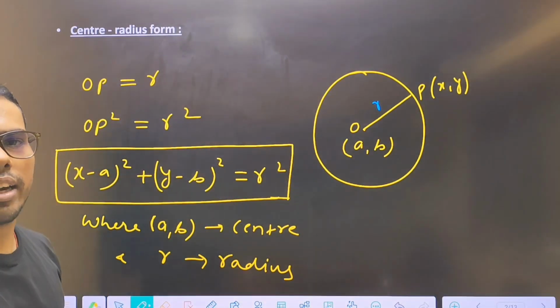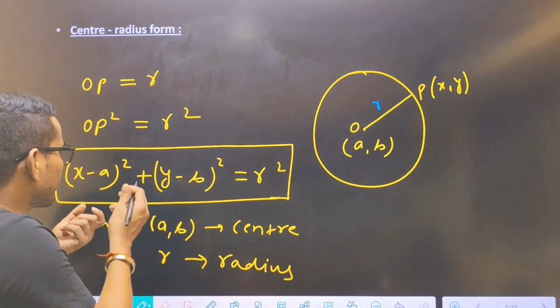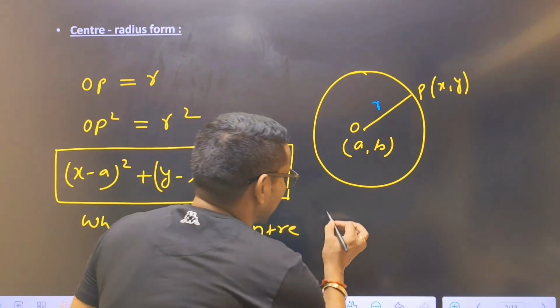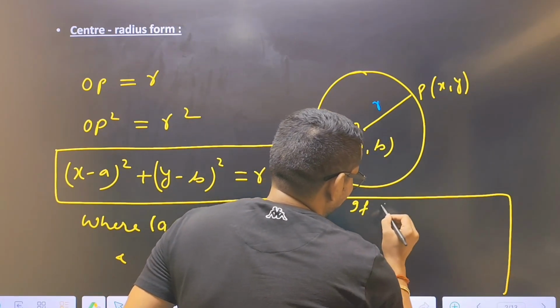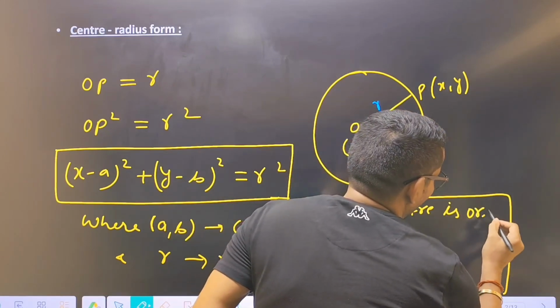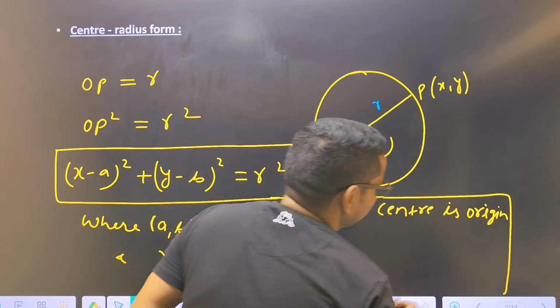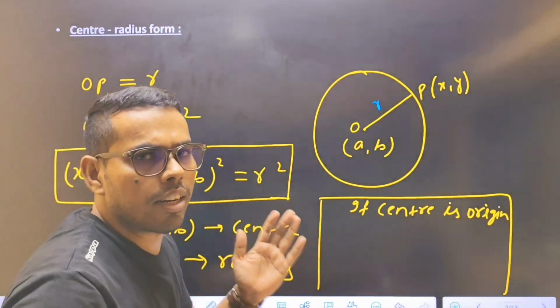and R is the radius. A special case: if the center is the origin, then what will be the equation of the circle in center radius form?